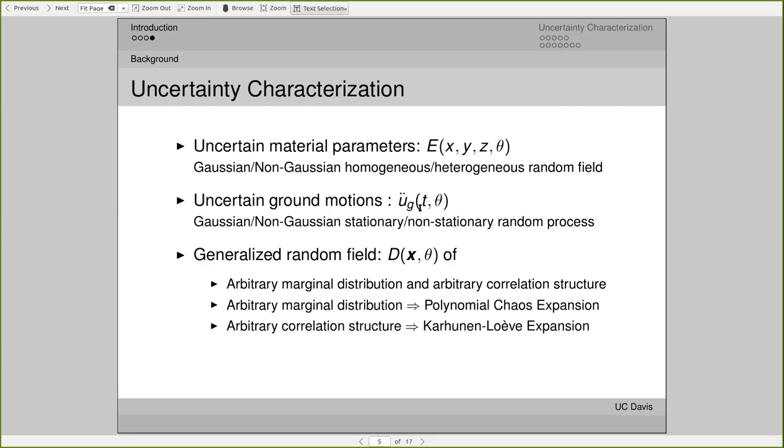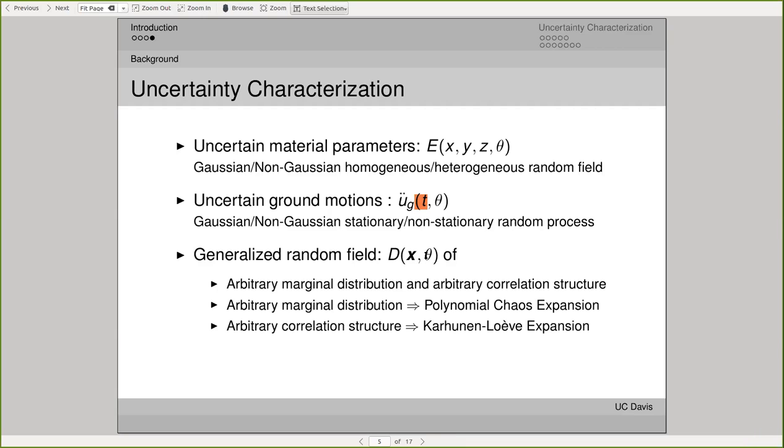So overall, we can quantify our uncertain ground motion as a Gaussian or non-Gaussian distributed stationary or non-stationary random process. And we can find that our material parameter and the uncertain ground motion have an identical mathematical structure, which we can regard as a generalized random field, with a generalized coordinate system X. It can be either in the spatial domain or in the temporal domain.